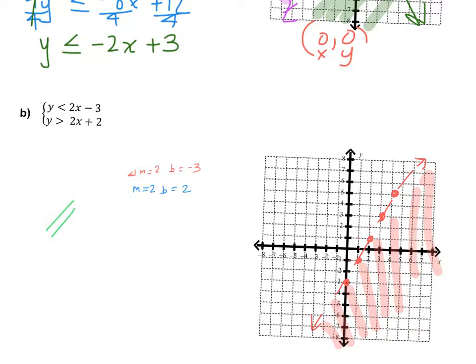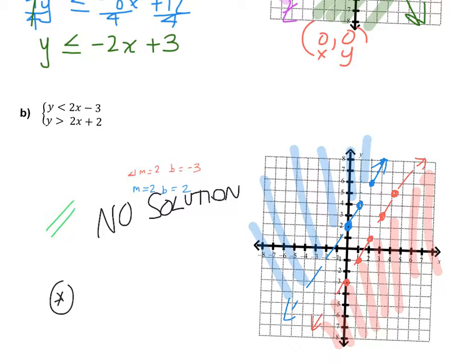The blue one, begin at 2, rise 2, run 1, rise 2, run 1. And again, this is also a dashed line. You notice that that one is greater than, and greater than shades above. So there's nothing overlapping. And therefore, this here would be no solution.